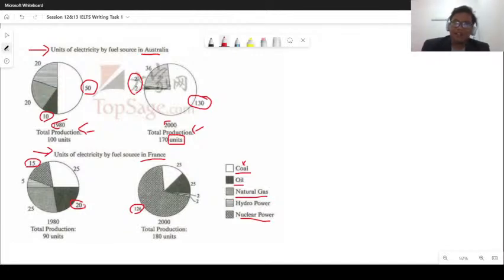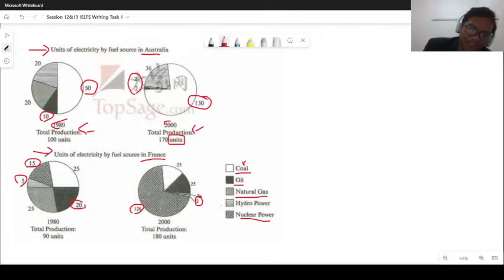So that is the comparison that you can make in your essay as well. And then in terms of the lowest, that's where we actually find some similarity. The lowest being hydropower, and that's pretty much the same in both years.